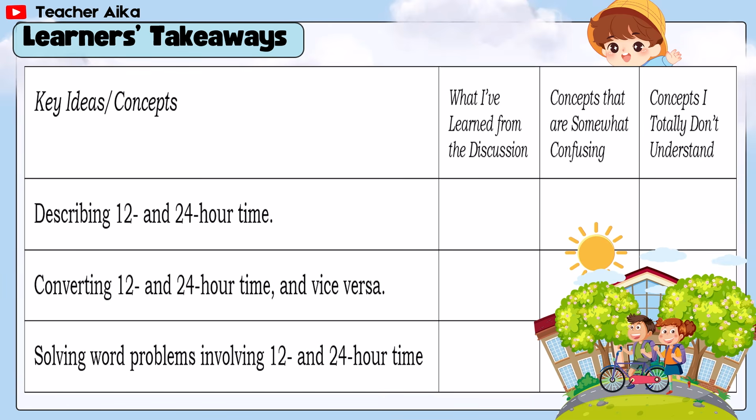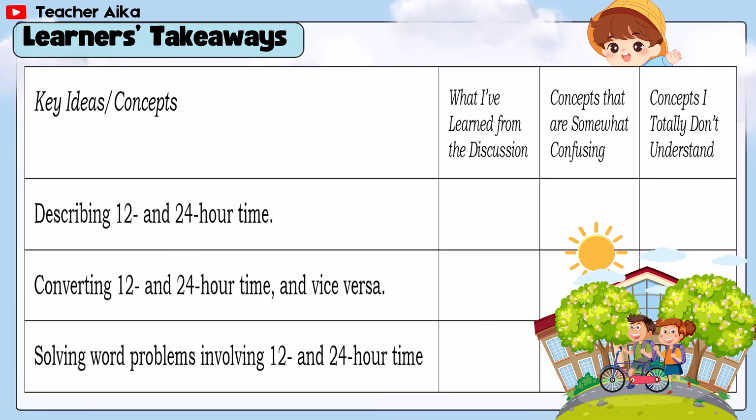Learners' takeaways: key ideas or concepts describing 12 and 24-hour time, converting 12 and 24-hour time and vice versa, and solving word problems involving 12 and 24-hour time. What I've learned from the discussion, and concepts that are somewhat confusing.